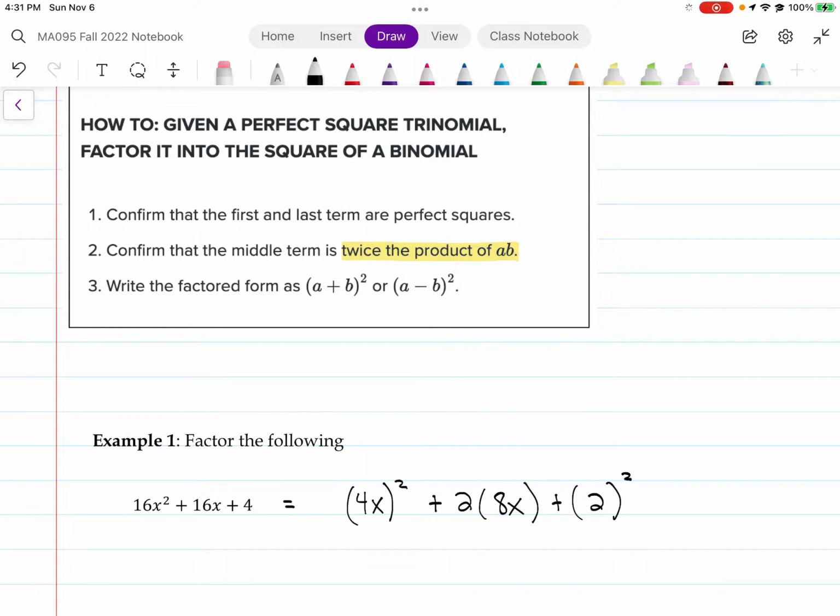All right, so what you want to look at is, here is our a term right here, and here is our b term right here. Is this 2 times a times b? 2 times 4 times x.